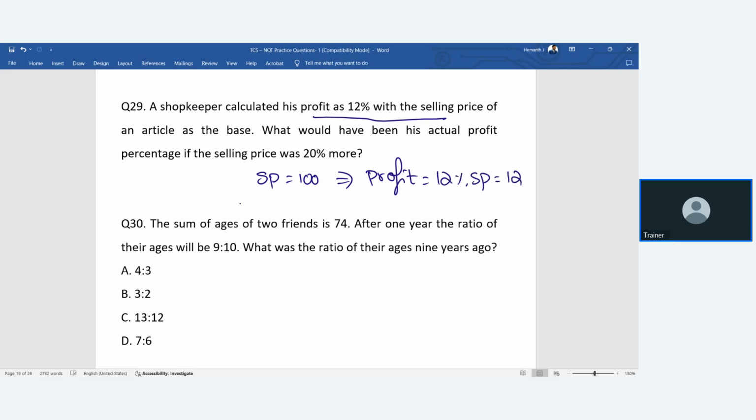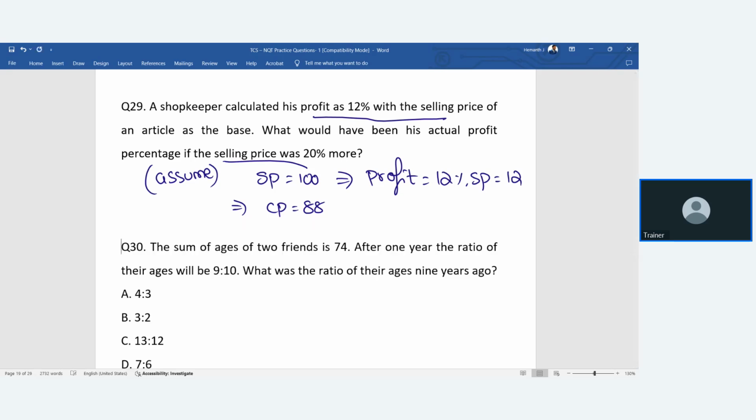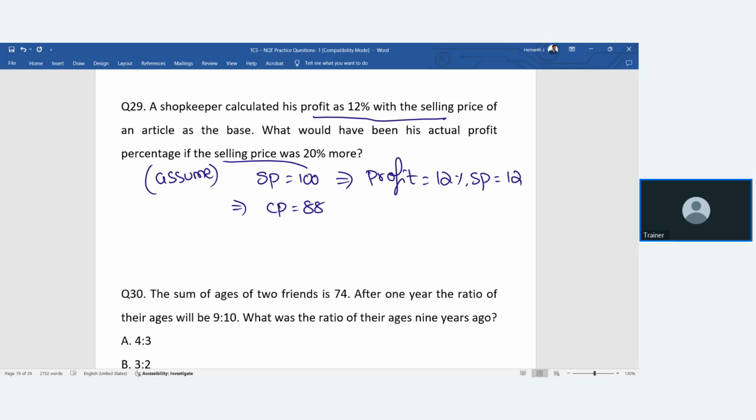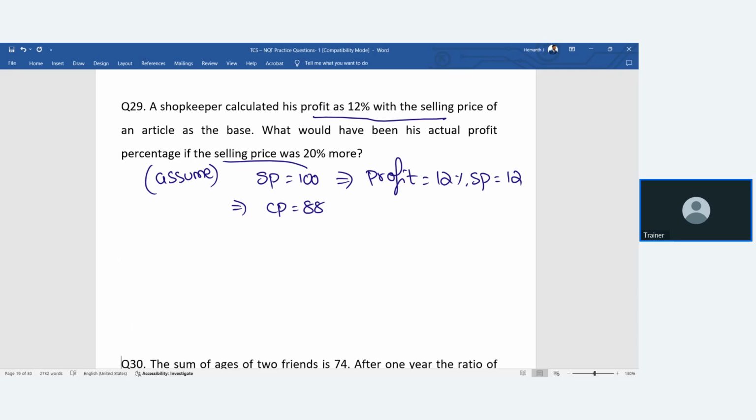That indicates the cost price is 88. I'm assuming this 100, you can assume any value. Try to understand that. Next, what is the actual profit percentage if the selling price was 20% more?